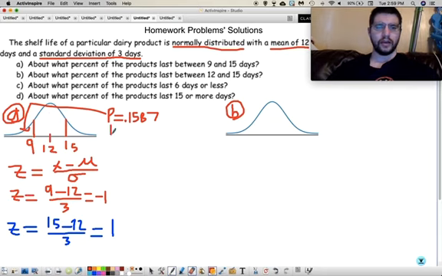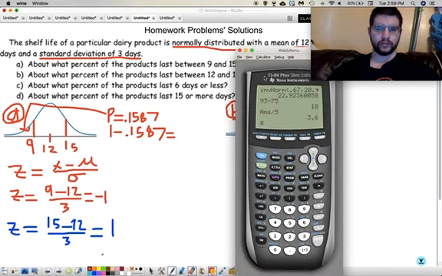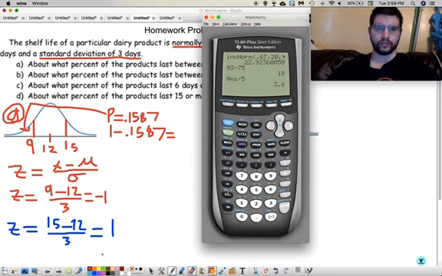Again, the total area under the curve is 1. The rule of complements will get us the probability of being to the right of that z-score. That gives us 0.8413.